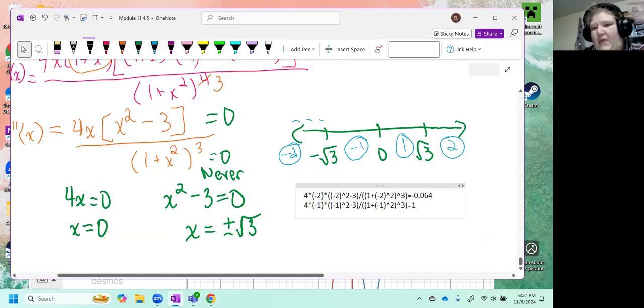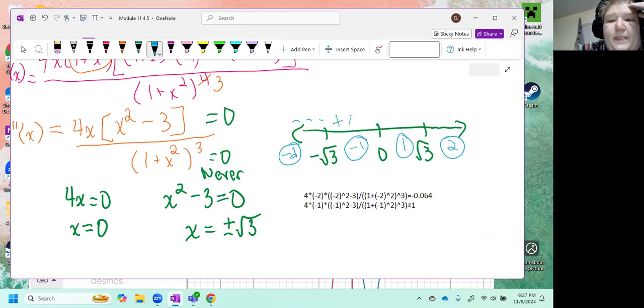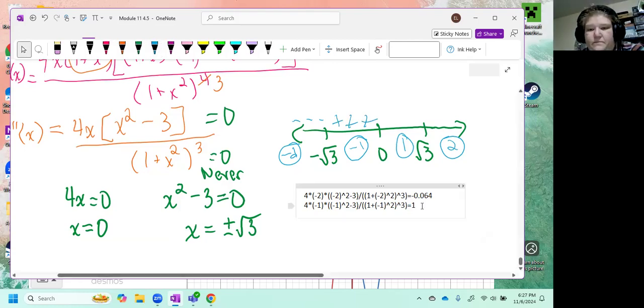Oh, look, it actually worked out nicely. Now I'm going to come back in here and put in positive 1, which I bet we'll get like 1 or negative 1. Negative 1.